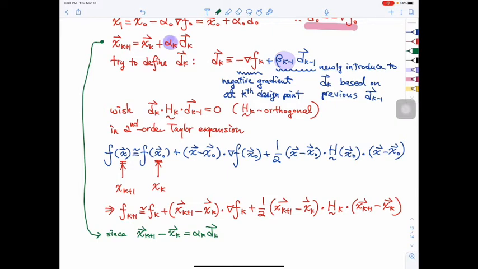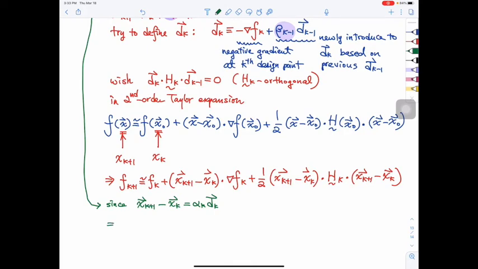So we have f_{k+1}, f_k, and here I have alpha_k d_k dot product gradient f_k plus 1/2.